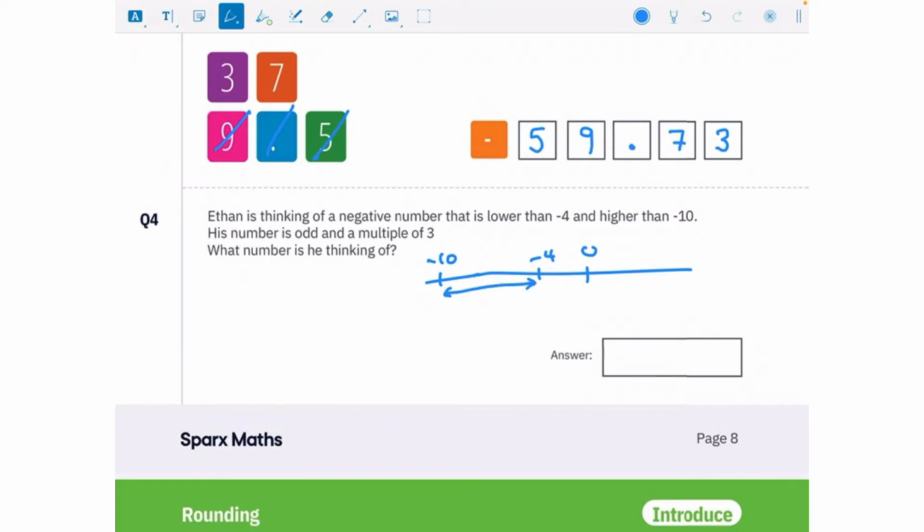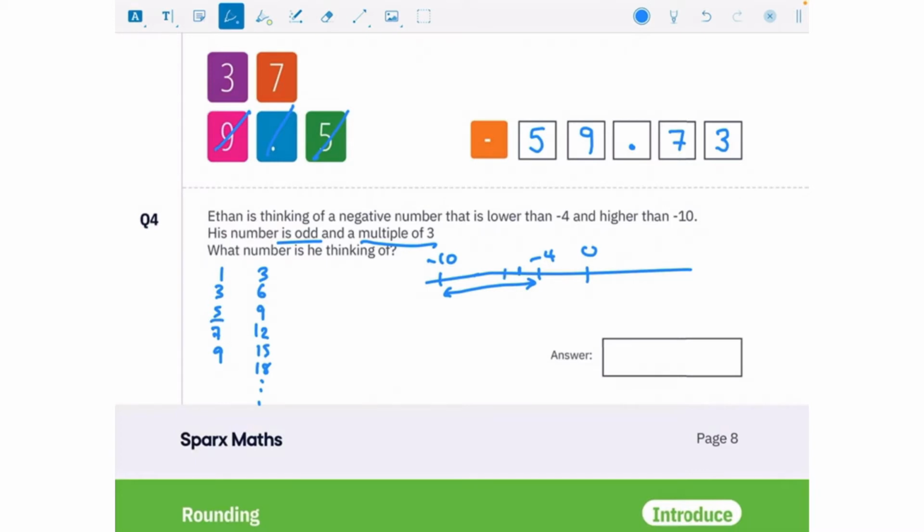We also want it to be odd, which means it's going to end in a 1, 3, 5, 7, 9. And we're looking for it to be a multiple of 3, so it needs to be in the 3 times table. 3, 6, 9, 12, 15, 18, and so on. So between minus 4 and minus 10, let's check. We've got minus 5. That would be no good. It is odd, but it isn't in the 3 times table.